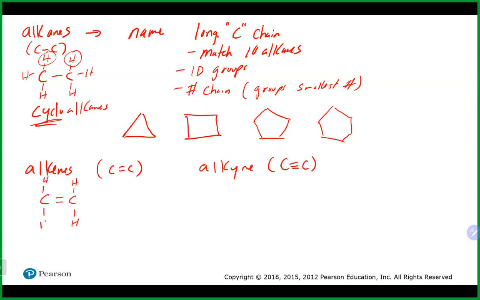And as we would add one more bond to make the triple bond, we would again lose another set of hydrogens, one on each carbon. In terms of names, this is ethane, A-N-E. This is ethene, E-N-E. And this is ethyne, Y-N-E. Any questions on that stuff that we touched upon last time?